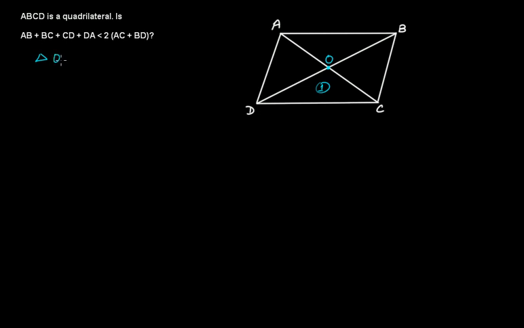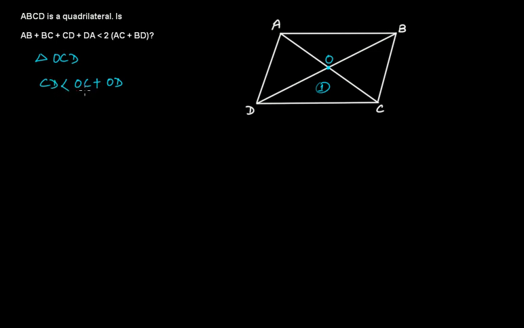From triangle OCD, you'll get that CD is less than OC plus OD. It's similar to OC plus OD is greater than CD, but I have just reversed their position, and what I have written is CD is less than OC plus OD.